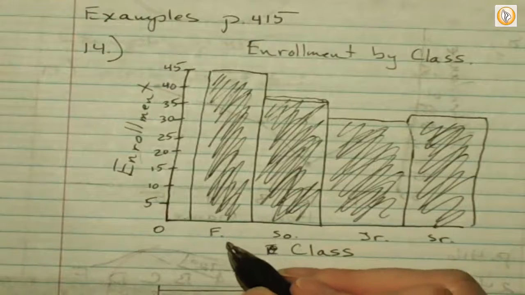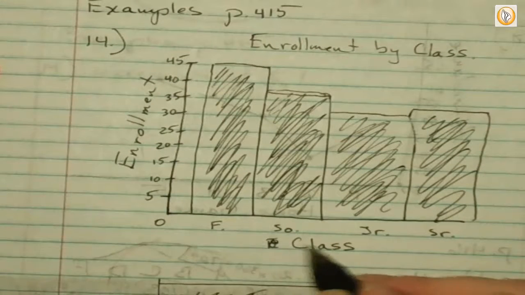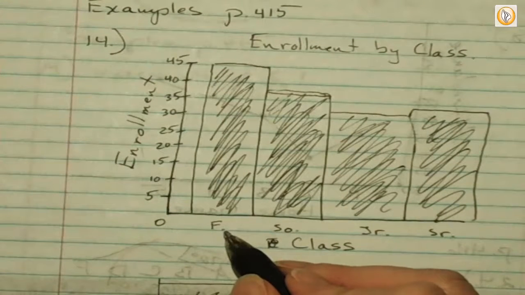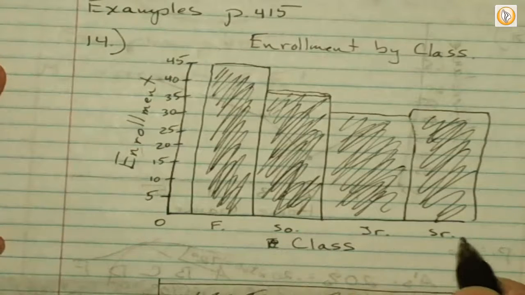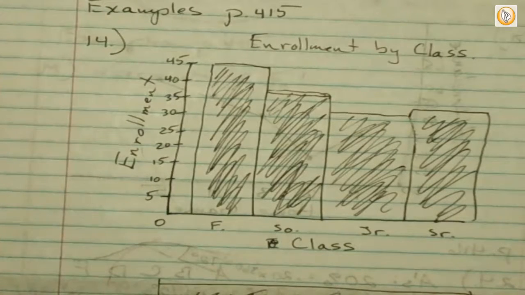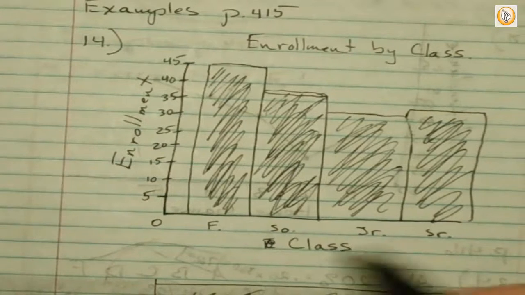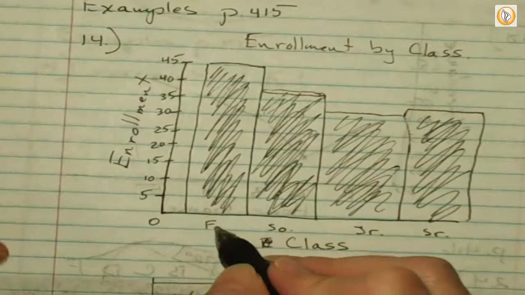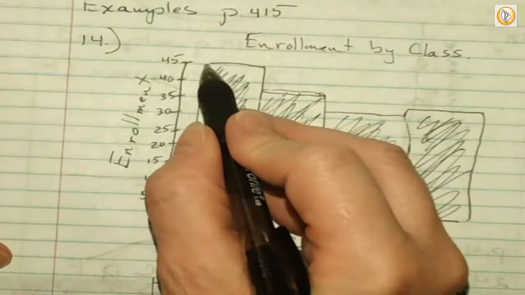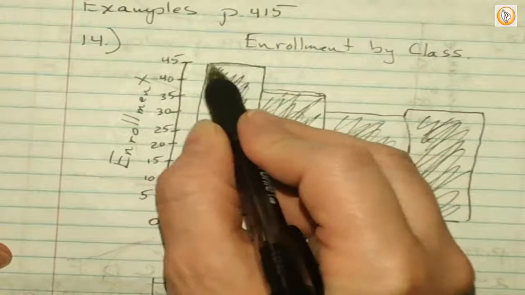And then down here is my class. Again, I'm going by number 14, what they have: freshman, sophomore, junior, and senior. And I drew my bars. So if you look, freshman's at 45, so this bar goes to 45.